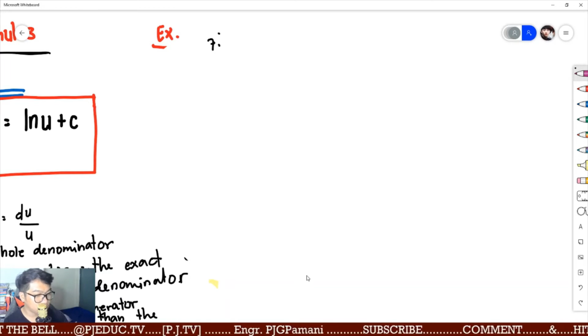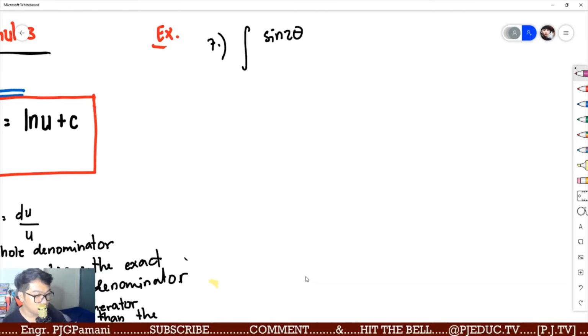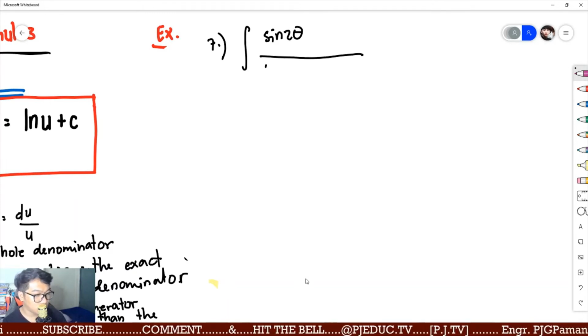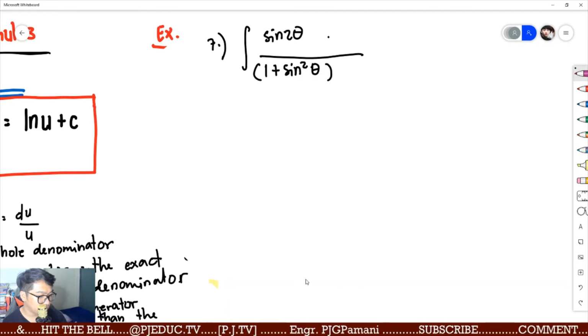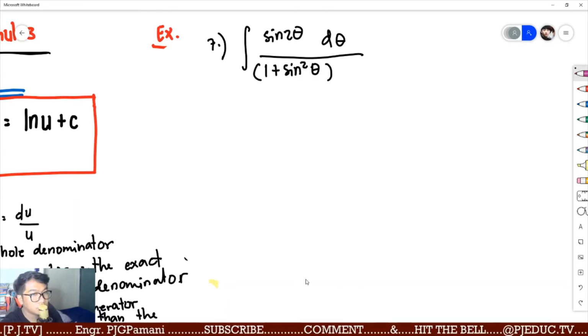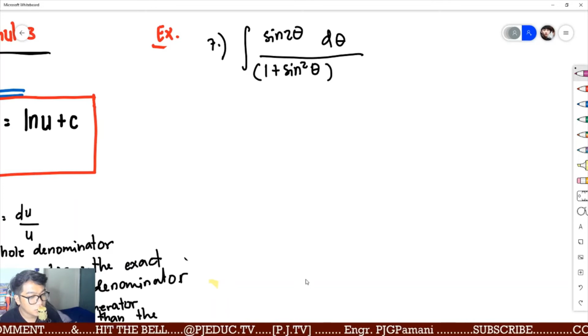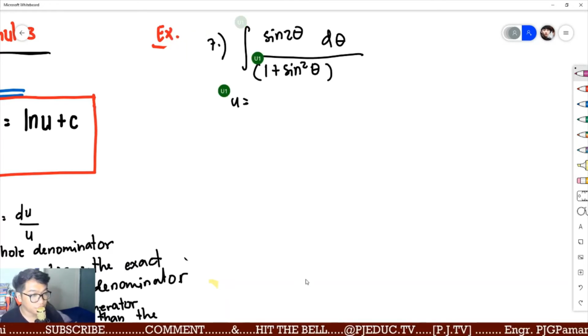Number 7. What if you're given sine 2 theta over 1 plus sine squared theta d theta? May naaalala ba kayo dyan? From your differential calculus? Identify your u function or your first term.